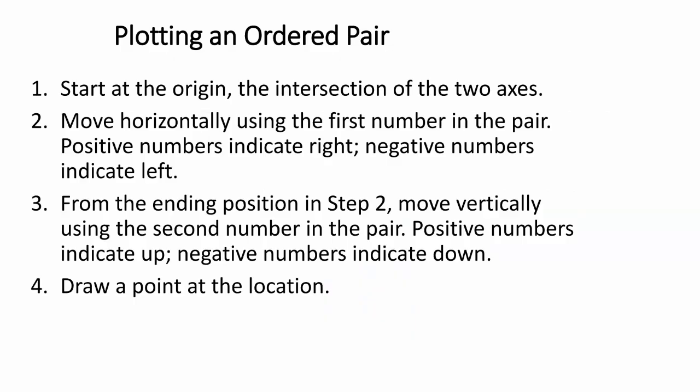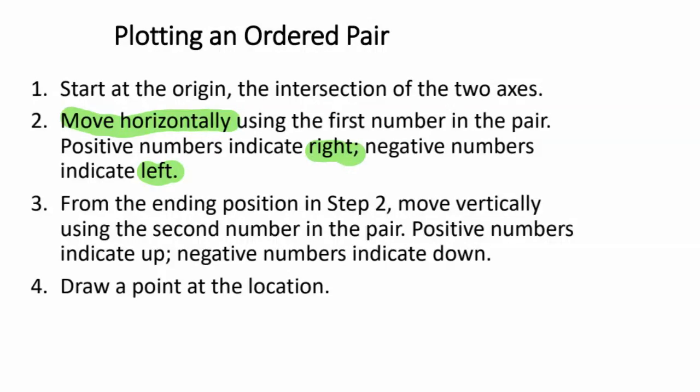Now, this slide is here to give you some instruction. Basically, we always start from where they cross at the origin. And then we move horizontally. That's the first thing we do. We don't go up and down. We go horizontally. Now, if it's positive, we go right. If it's negative, we go left.